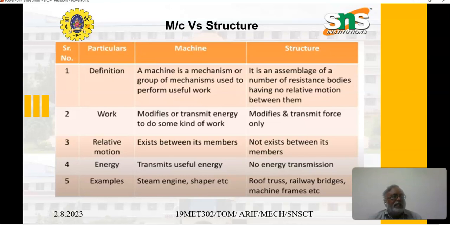Examples of machines are the steam engine, shaper, lathe machine, etc. But the roof truss, railway bridges, machine frame, etc. are known as structures.